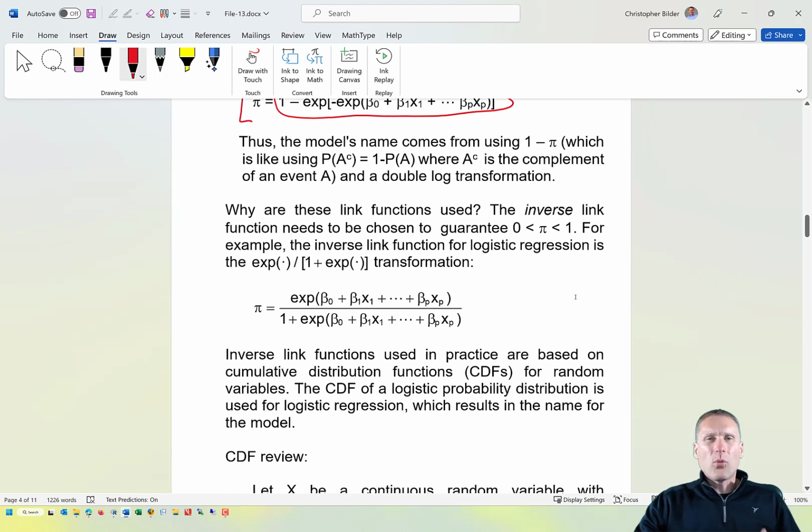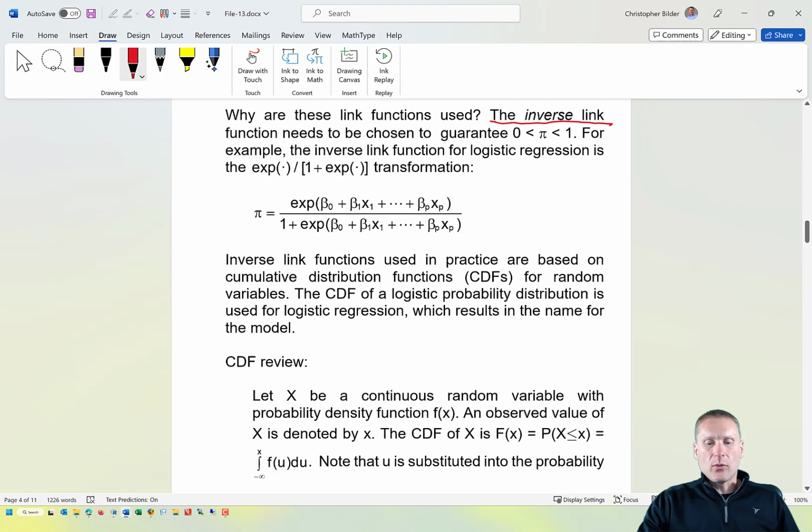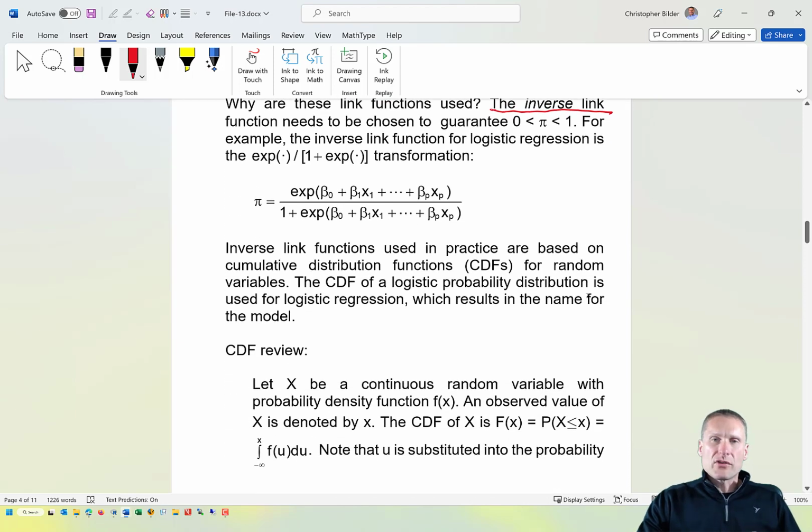Okay, so why are these link functions used? I guess actually I was kind of getting ahead of myself. Basically, the inverse link function is chosen in a way so that pi is always between 0 and 1. So with a logistic regression model, the link function, or the way that we're linking pi to the linear predictor, was the logit mathematical function.